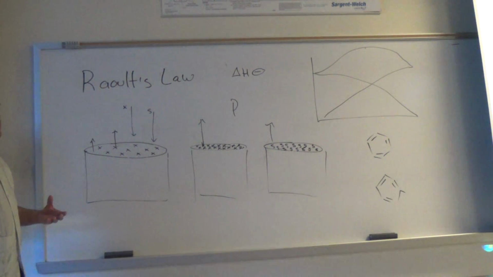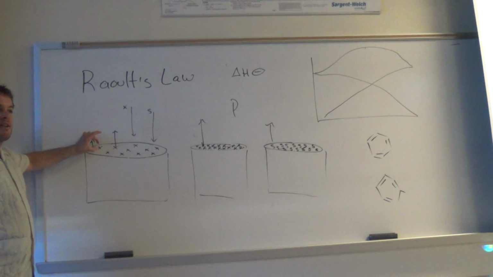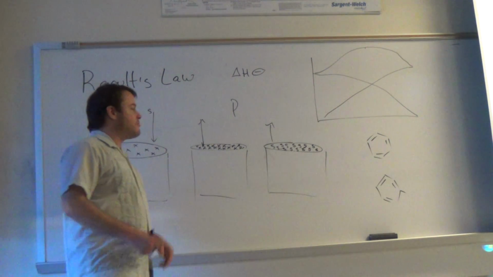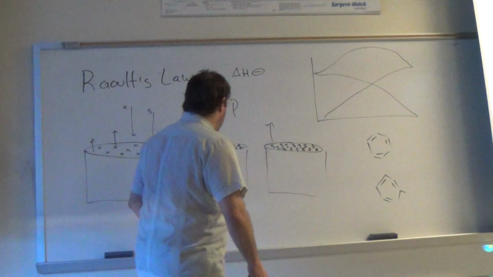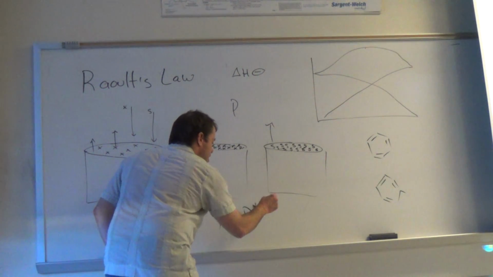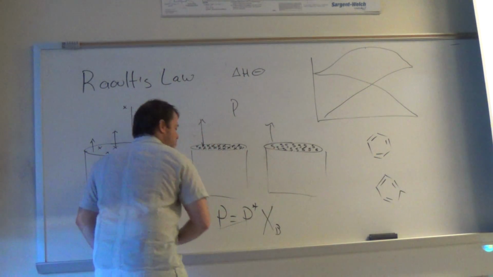It might be a larger force, it might be a smaller force, whatever it is, the energy binding these guys to solution is different than in the pure. And so that approximation that we made, that P is equal to P of the pure times the mole fraction, is not so good.